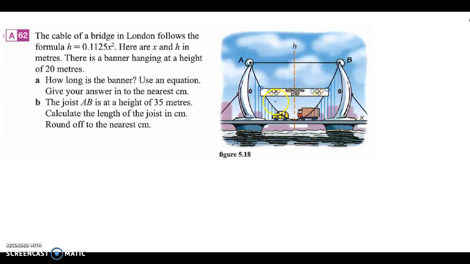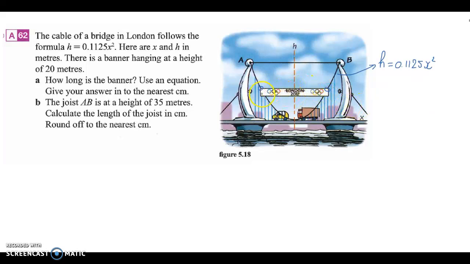Let's take a look at the picture they're giving us with this exercise. In the picture you see the bridge, and over here you see that parabolic shape. Here's the h-axis, here is the x-axis. That parabolic shape matches the formula that's given to us: h is 0.1125 x squared.